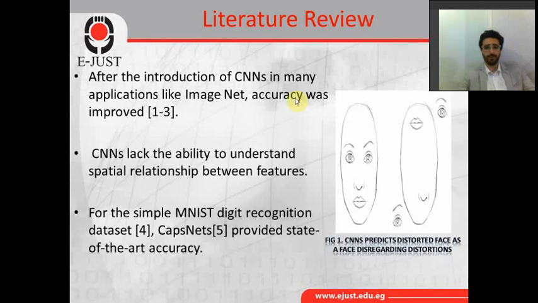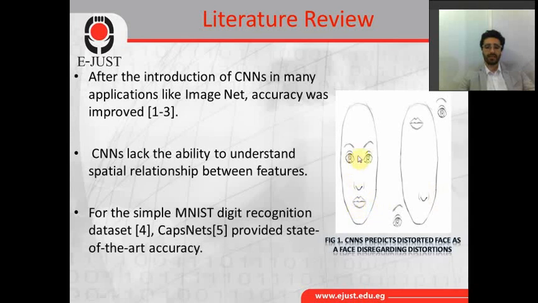So first of all, convolutional neural networks do not preserve the spatial relationships between the features. For example, if we look at this image, we can see that there are two different faces.